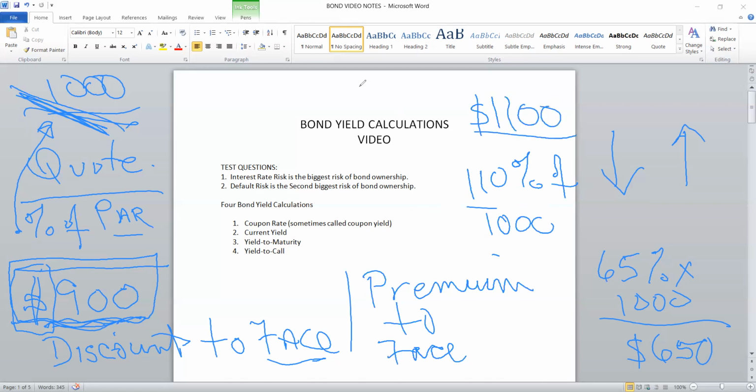Okay, premium to face. And incidentally, guys, while people are buying, the face value is the sticker price. If you want to use a car vernacular, you go on a car lot and ask the dealer, how much are you asking for this car? They signal that by putting a sticker in the window. And you look at the sticker and it says on the bond, it's on the face of it. So they say, this is worth $1,000.